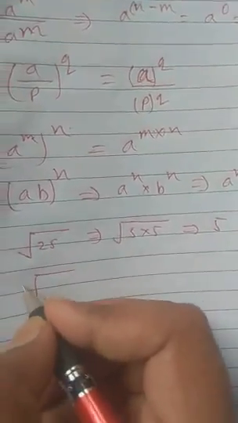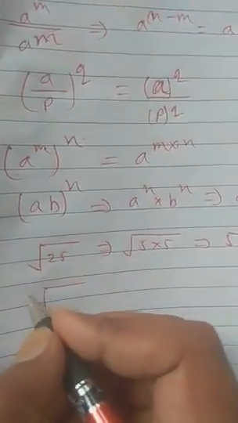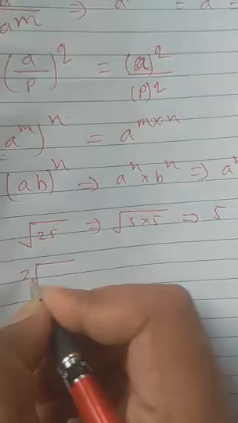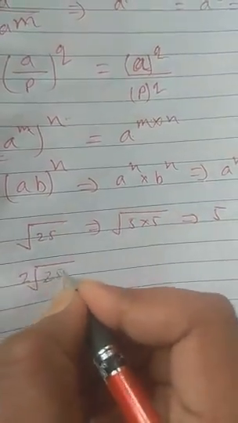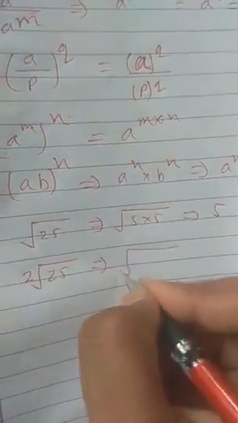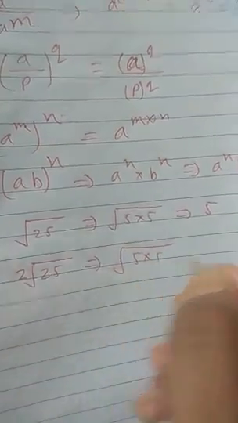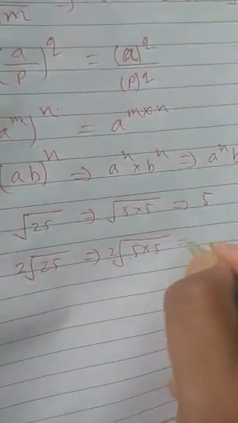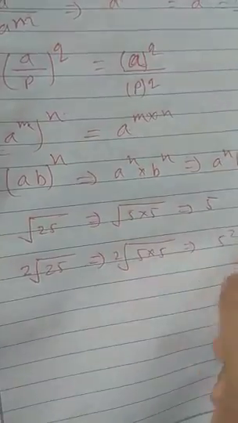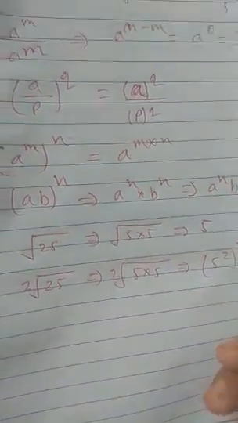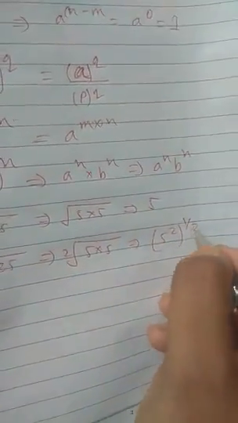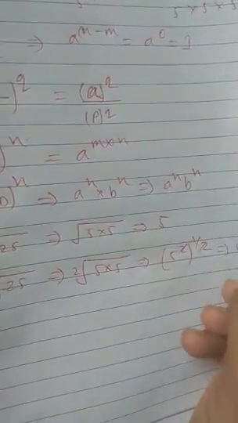If anything is not written over here, it means that we are having 2, means square root of 25. Now this will be kept as 5 into 5, 2 times, and this can be written as 5 square whole power 1 upon 2, and this 2 and 2 will be cancelled out, and here we will get the result 5, which was our required result.